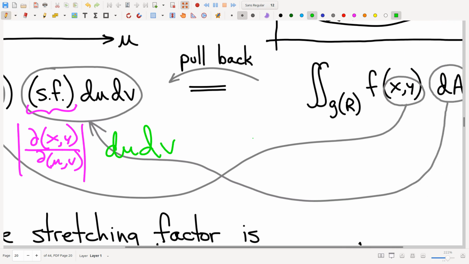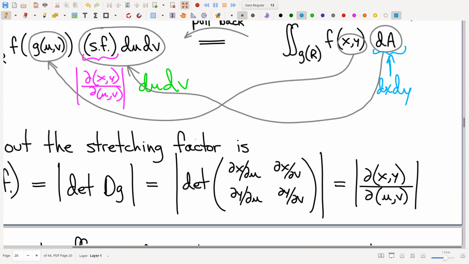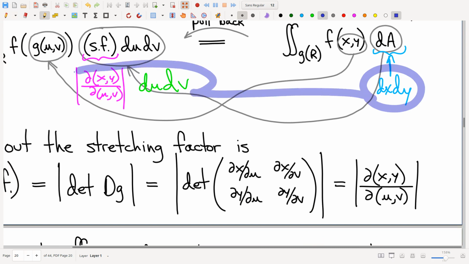And the suggestion is that gives us area over here in the xy plane, and so this I'm going to rewrite as dx dy. And altogether then, look what we have. We have the suggestion that this is equal to that, and it's almost as if those cancel.